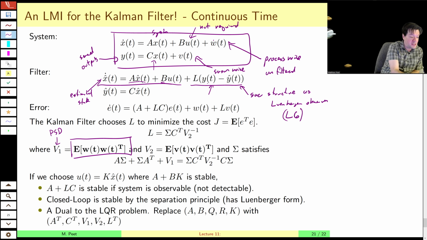What's the expected output? The expected output is just the C x hat term. So this term then is the surprise. It's the difference between what you expected it to be and what it actually is. Notice that our expected output does not have noise because we can't actually measure the sensor noise. It doesn't make any sense, so obviously not measured.